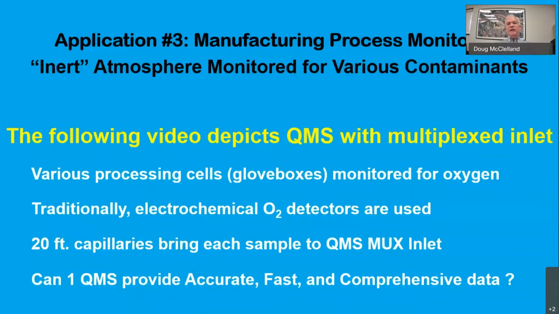We want to know, can we sample these multiple glove boxes and get the measurement quickly and efficiently? Can we get a quality measurement, an accurate measurement, a very sensitive measurement, and still do all this with one mass spec? So I'm going to start this video, and after the video, we will go on with some more discussion.